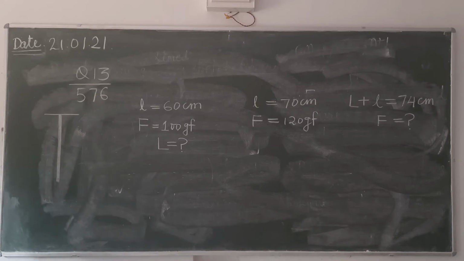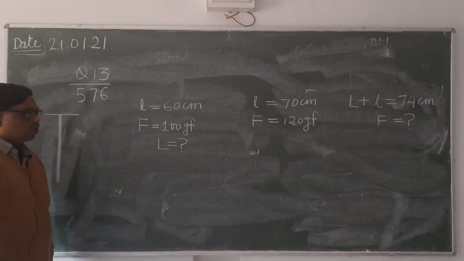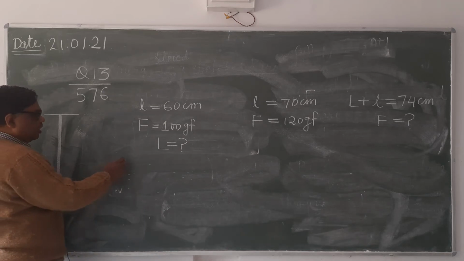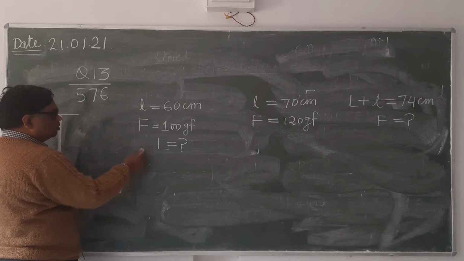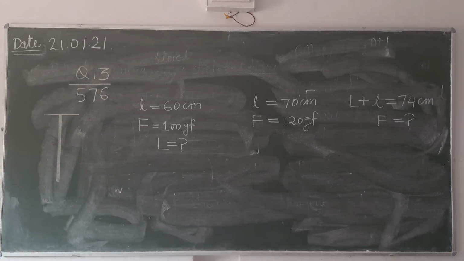It's clear? So first you find out the original length. What will be the original length? How will you find? So see here, let the original length is capital L. Here it is not the change in length. You can see a length of the rubber cord increases to 60 centimeter.